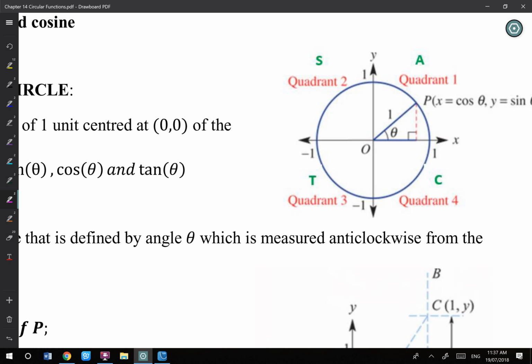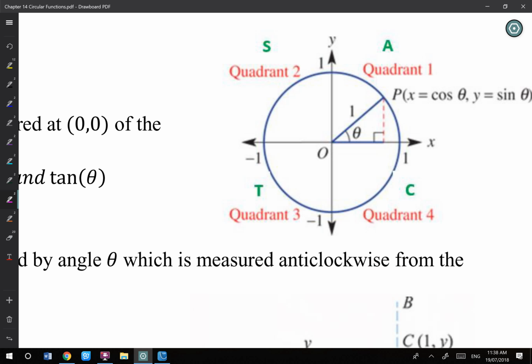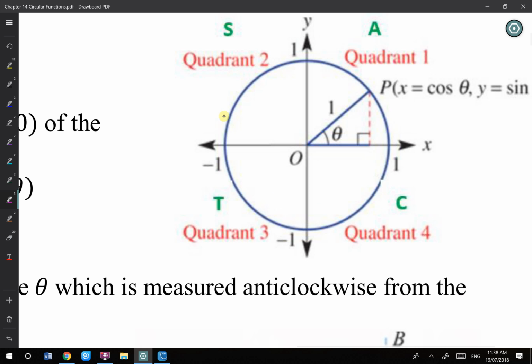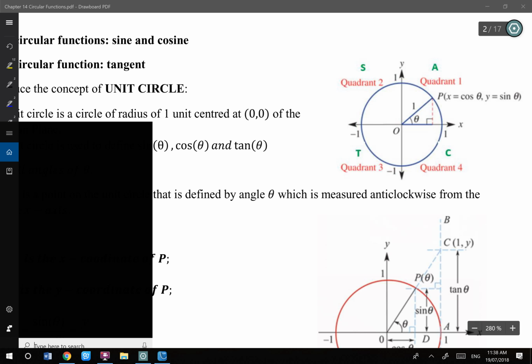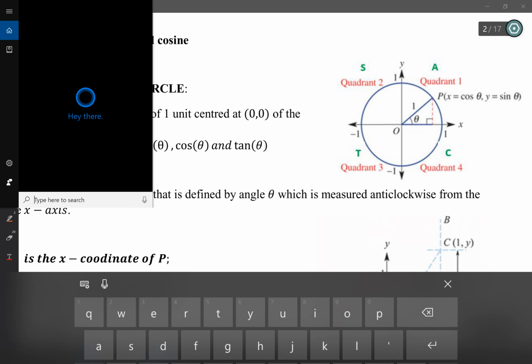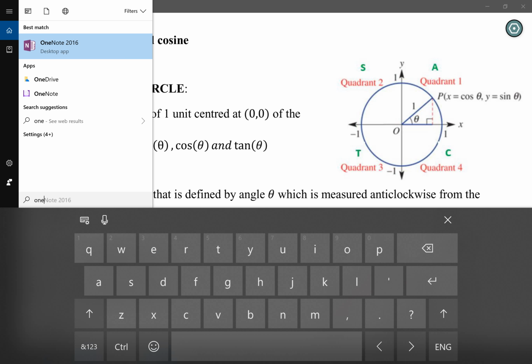So what is the unit circle? I have explained already. It's a circle with a radius length of 1. But we put that into the Cartesian plane. So we center the circle at 0, 0, with a radius of 1. Now you can see something like this. There's not much space for me to sketch it, so I will sketch it here.